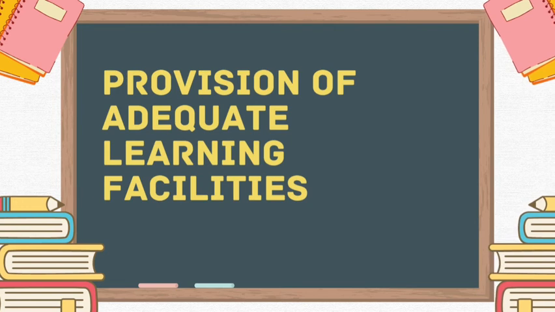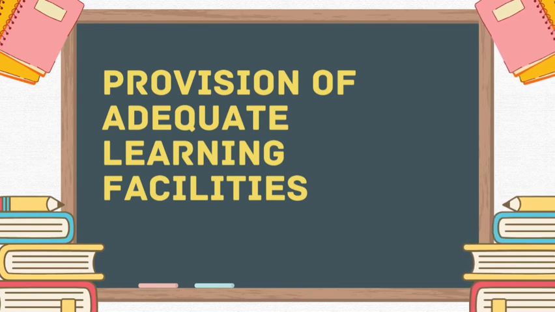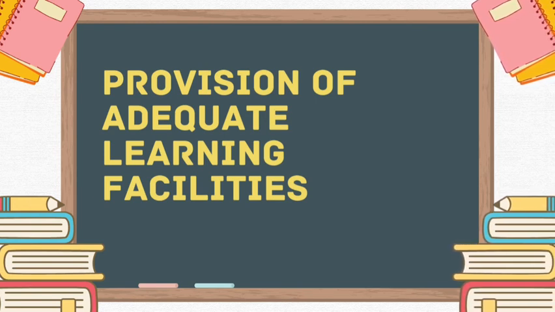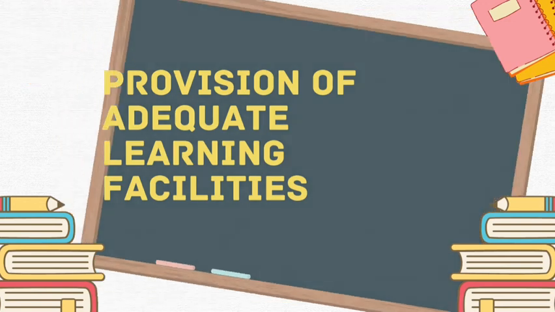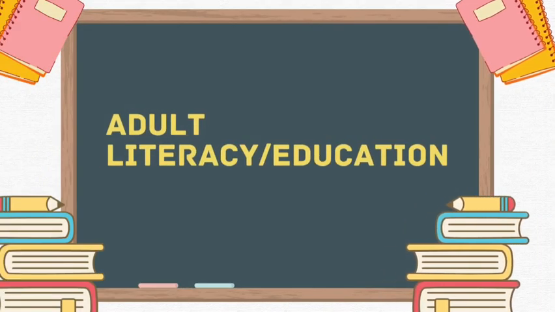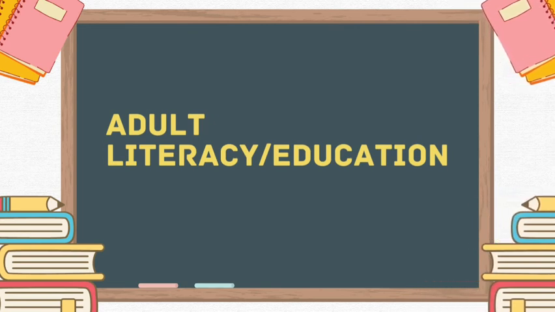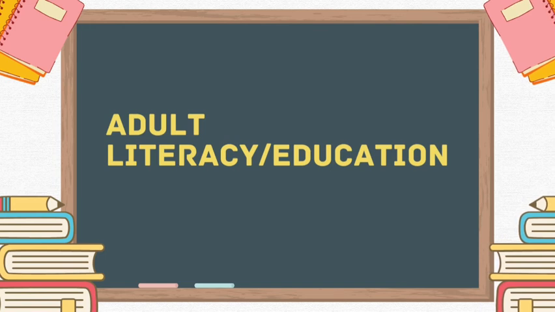When people are aware of the consequences associated with illiteracy, they want to go to school. Then there is a need for the provision of adequate learning facilities, basic learning facilities. First of all, we have chairs and tables, books, reading materials for children should be made available.